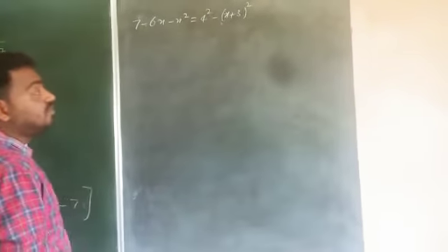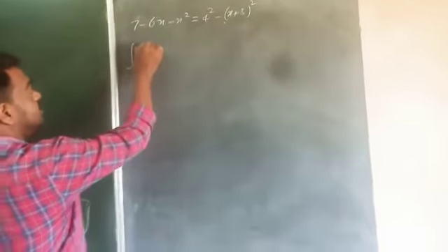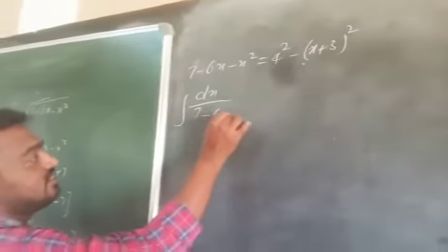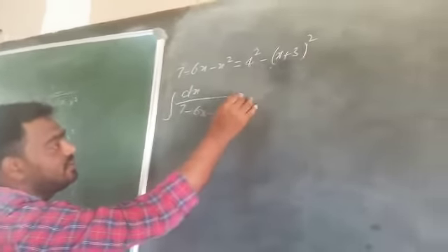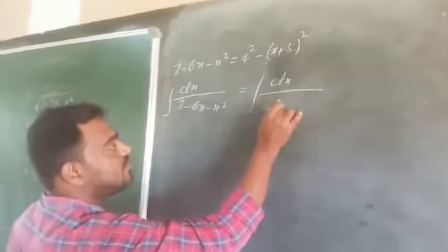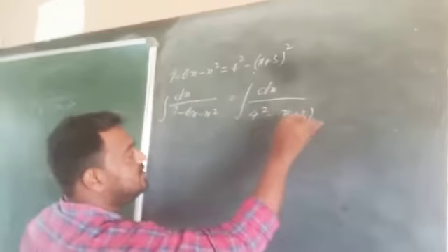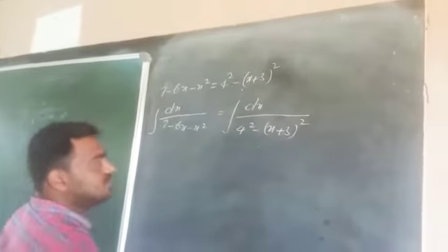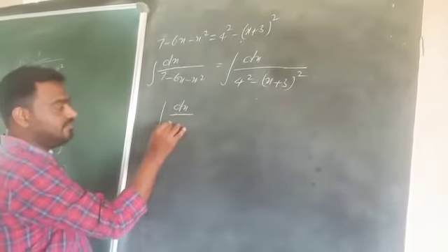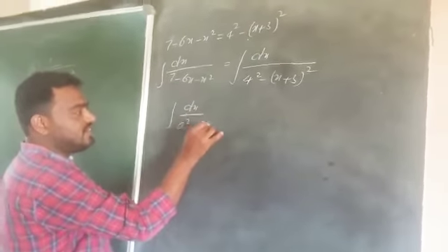Now integration of dx by 7 minus 6x minus x square is equal to integration of dx by 4 square minus x plus 3 whole square. So it is in the form of integration of dx by a square minus x square.